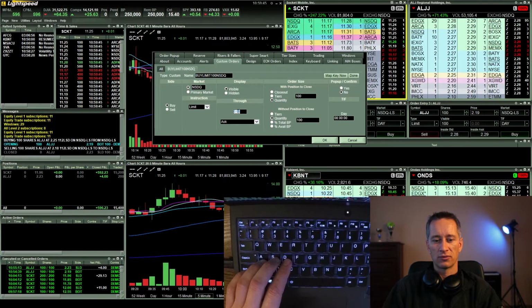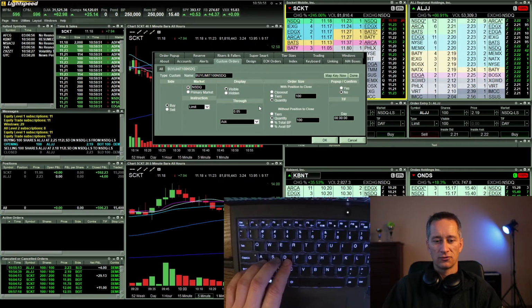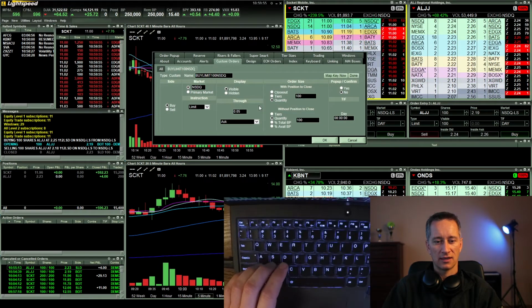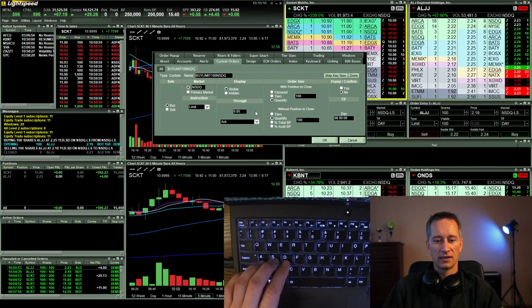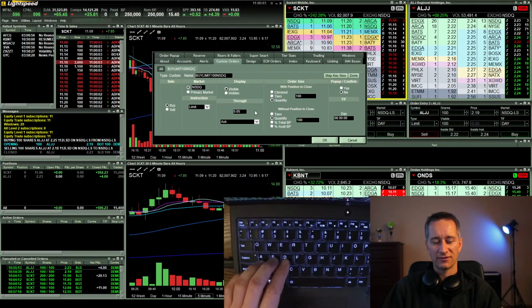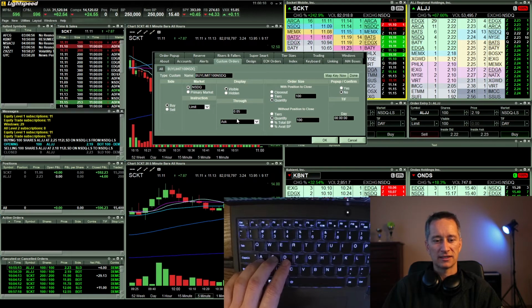So over there it would probably have to be 50 cents. There was a lot to make in GME, and obviously the risk was higher as well. So depending on the stock you're trading and your risk profile for the particular day, it depends what you want to set it to. But mine is set at 5 cents.